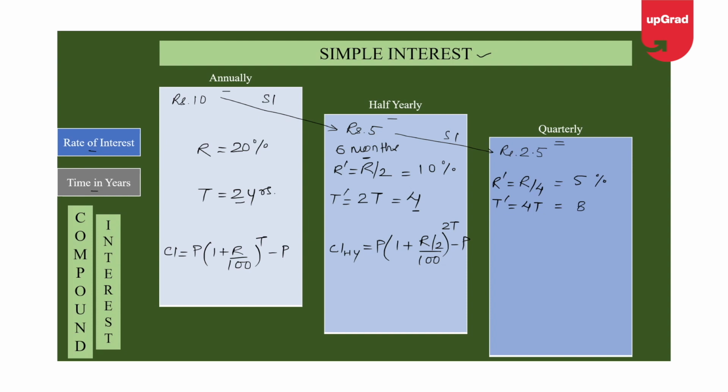These are 8 spans of 3 months each, and hence my compound interest for quarterly calculation becomes P multiplied by (1 plus R by 4 by 100) to the whole power 4T, minus P. That's how the calculation becomes when it is calculated half yearly or quarterly. We will see some questions based on half yearly and quarterly calculations.